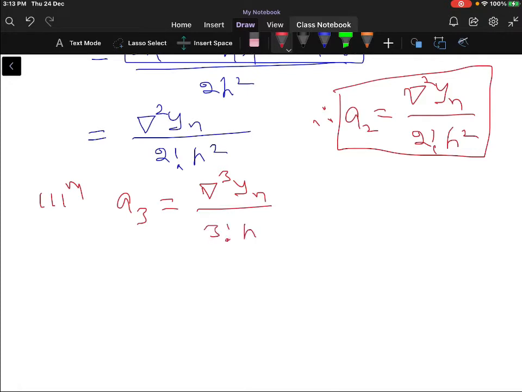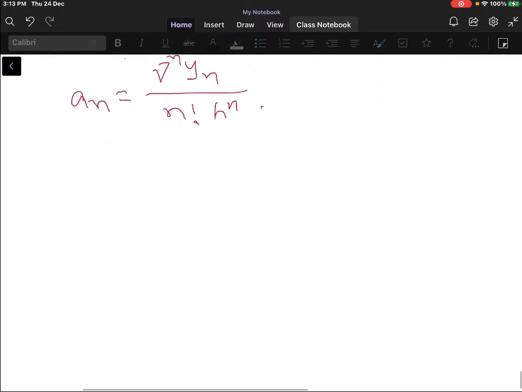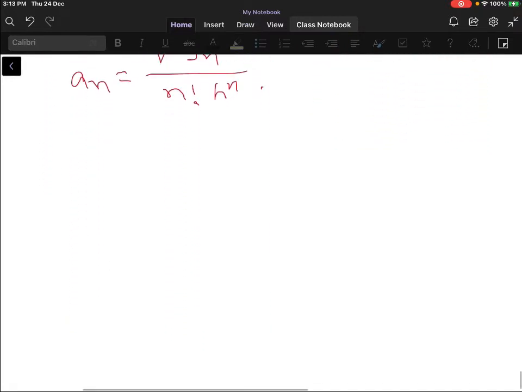So a3 is equal to nabla cube yn by 3 factorial into h cube and so on. Therefore, an can be written as nabla n yn by n factorial into h power n.